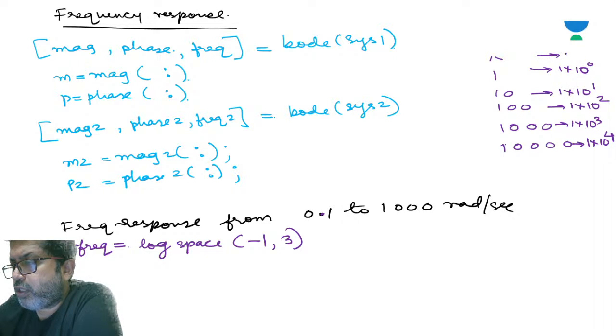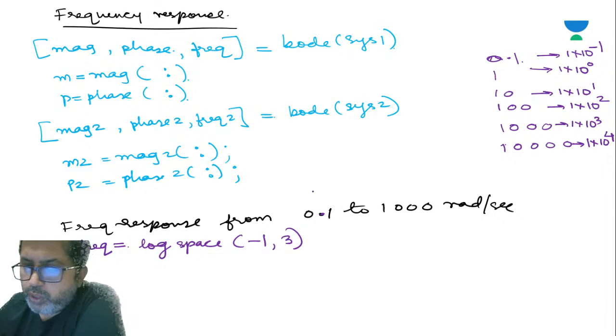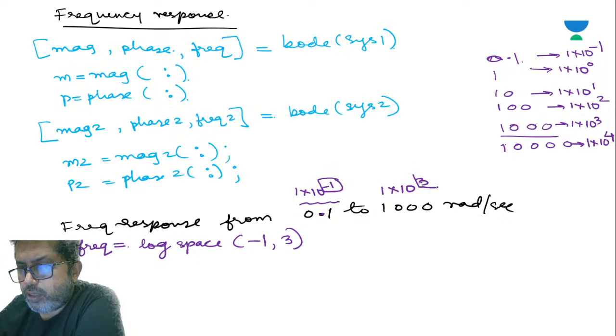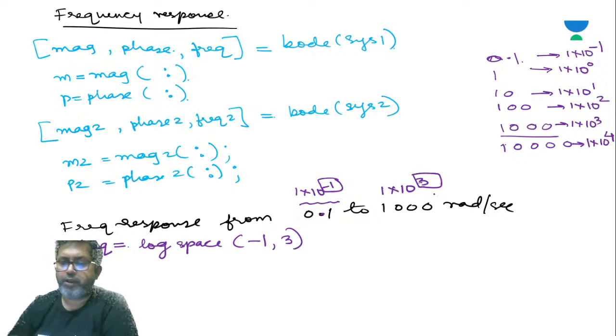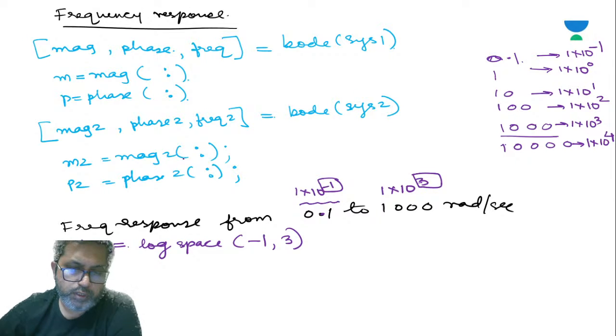After this, 1 into 10 to the power -1, that is 0.1. So you can see that 0.1 is 1 into 10 to the power -1. This 1000 is equal to 1 into 10 to the power 3. So logspace, first one is -1, next argument is 3. So frequency is like this.